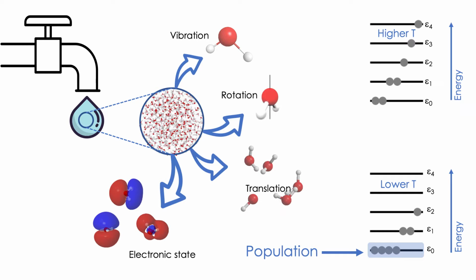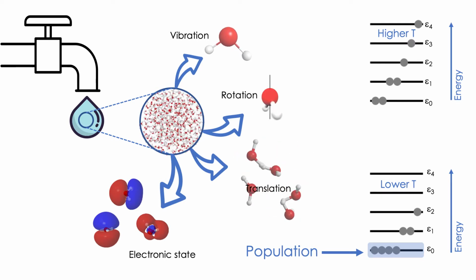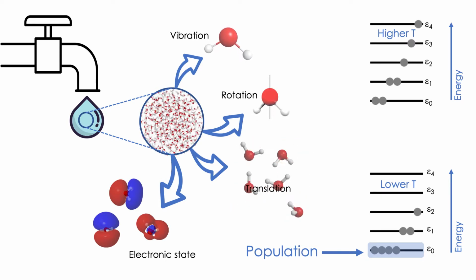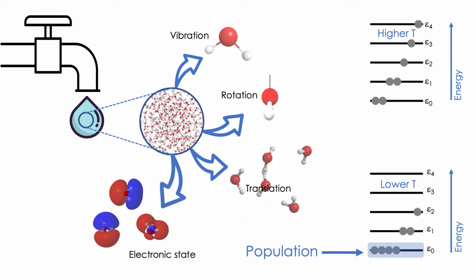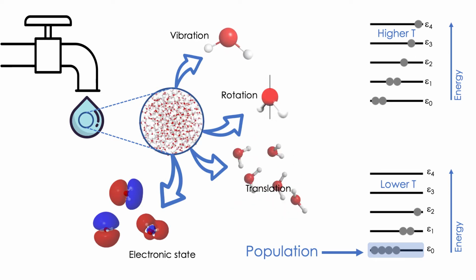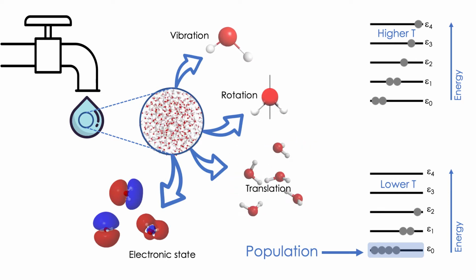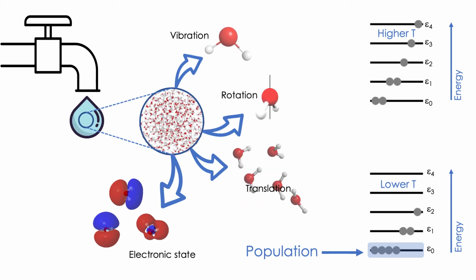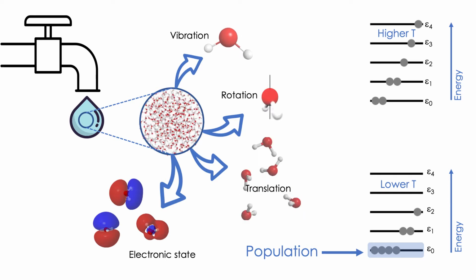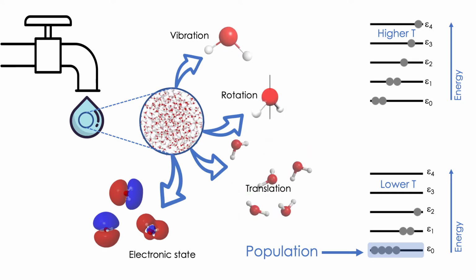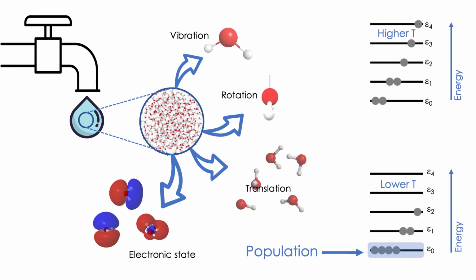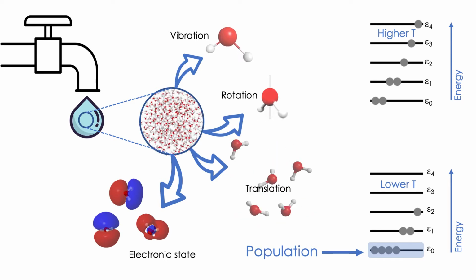Now, as we increase the temperature, the population of the different energy levels changes, and more molecules appear in the upper energy levels. At lower temperature, most of our molecules are in lower energy levels. Therefore, these lower energy levels are more populated.